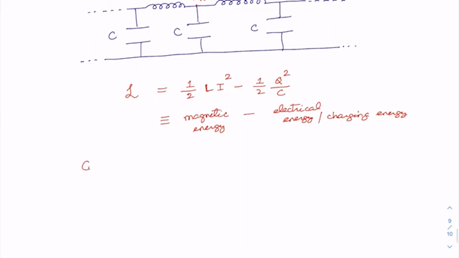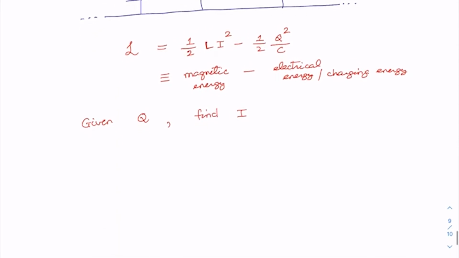Now given the charge distribution Q, we have to find the current I to write down the Lagrangian for the transmission line. We know from charge conservation that the rate of change of charge at the node n, Qn dot, is equal to the current that is flowing into the node minus the current flowing out of the node.